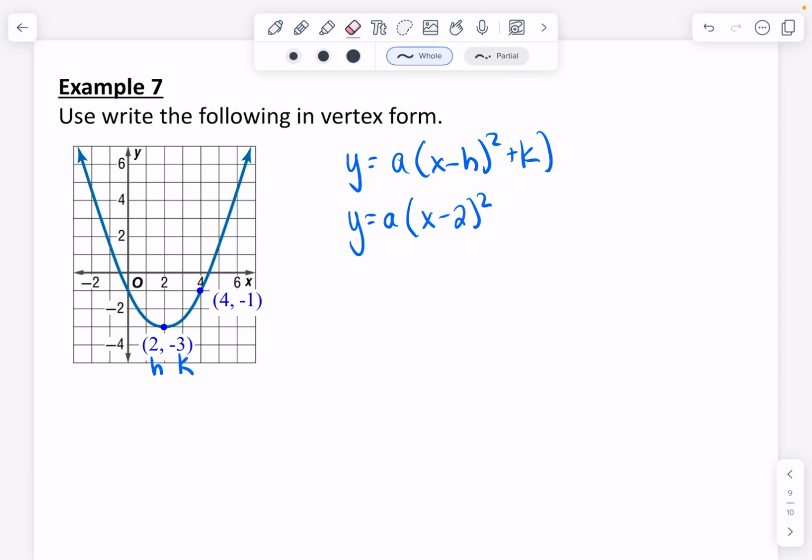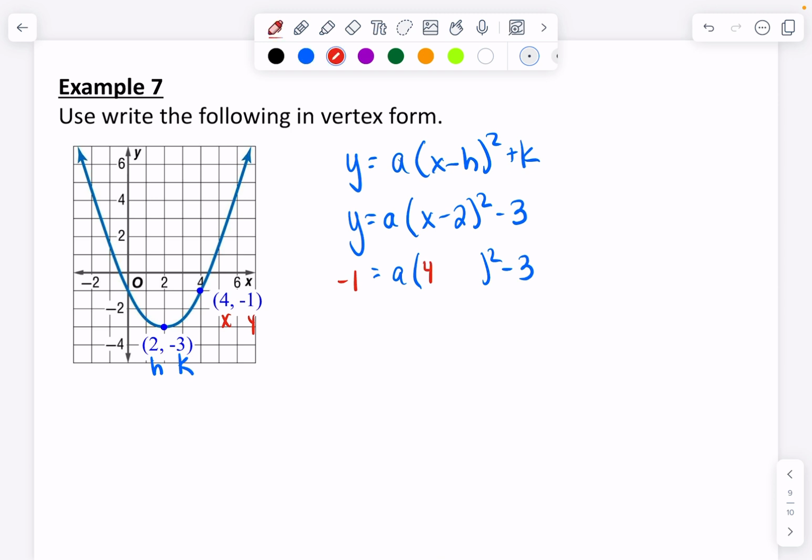I don't know why I added another parenthesis over here. Minus 3. So I have my vertex in there. This is an x and a y. I'm going to plug those in. My x is a 4 minus a 2.